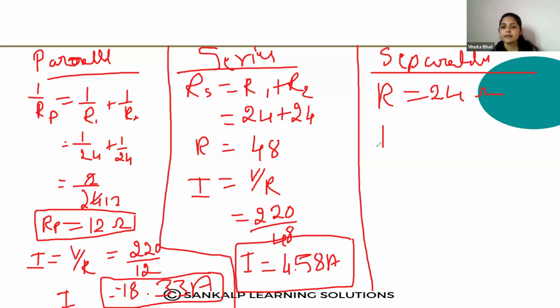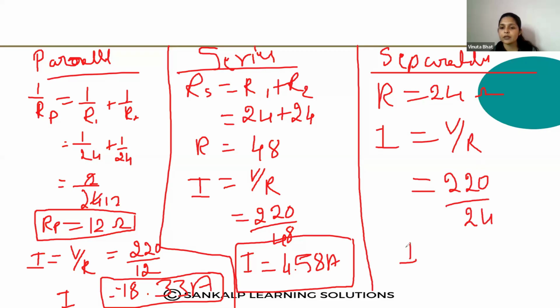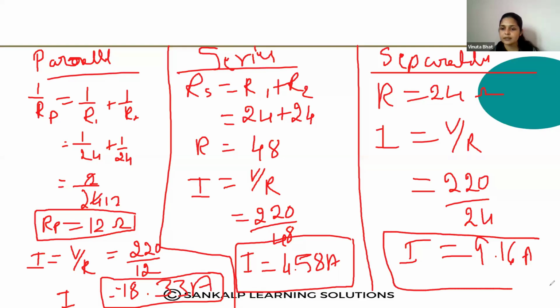Then I is equal to V by R, that is 220 volt divided by 24. So what is the value of I? 220 divided by 24 is 9.16 ampere.